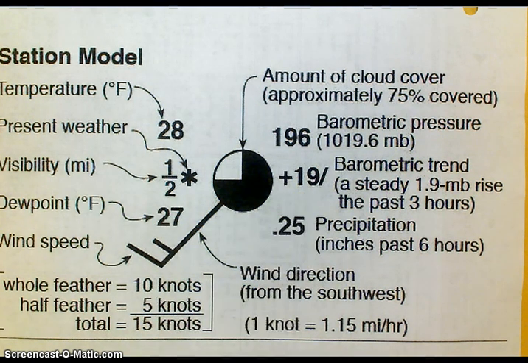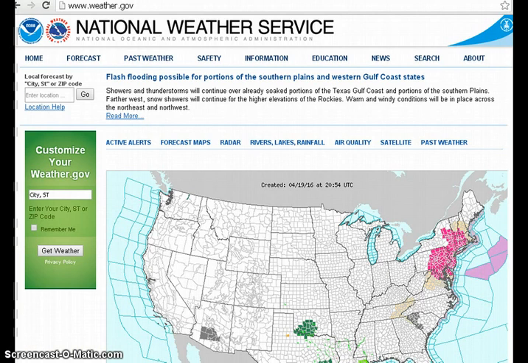All right, so at this point, what we're going to do is we're going to look at a couple of examples and see if we can make some sense of them. All right, I am on weather.gov, which is the website that the National Oceanographic and Atmospheric Administration publishes all of the weather data and things on.